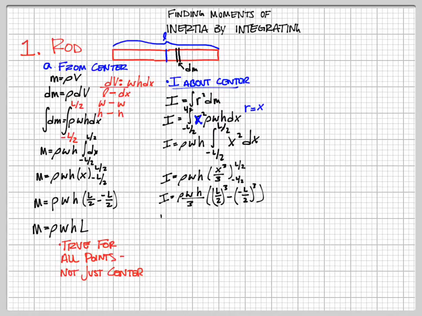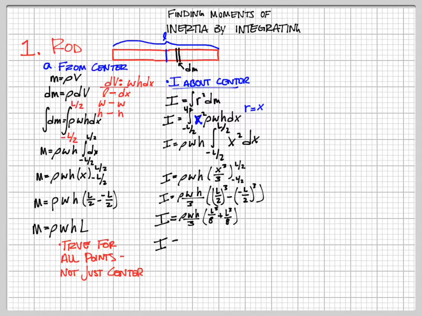Now since it's cubed, those negative signs stay in there. And it's going to go from L over 2 cubed to L cubed over 8. Negative signs cross out. So L cubed over 8 plus L cubed over 8 is L cubed over 4.